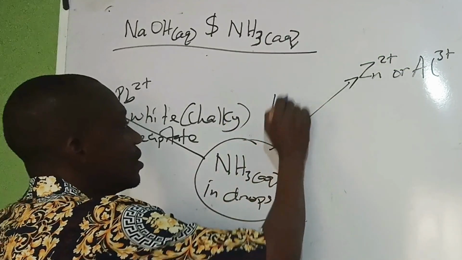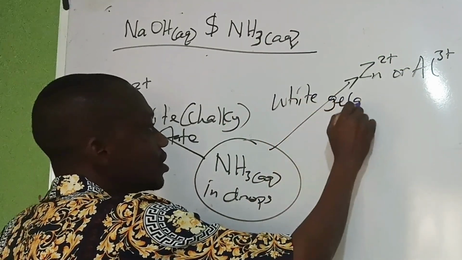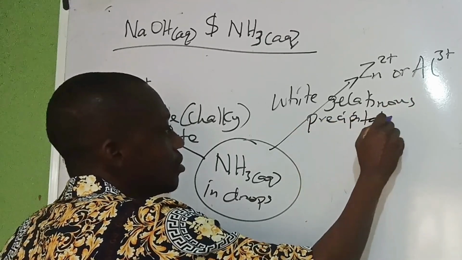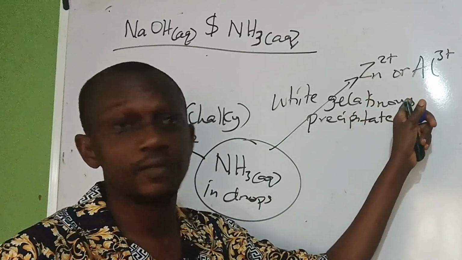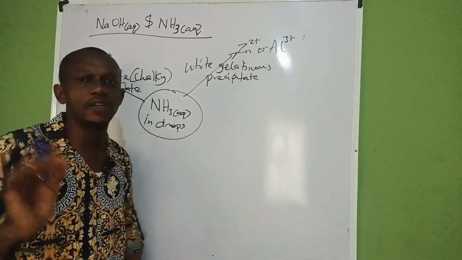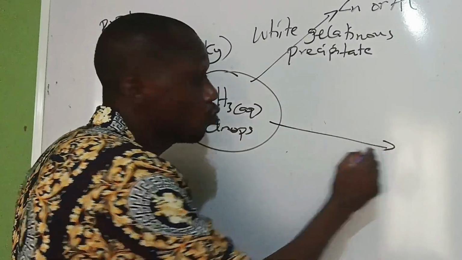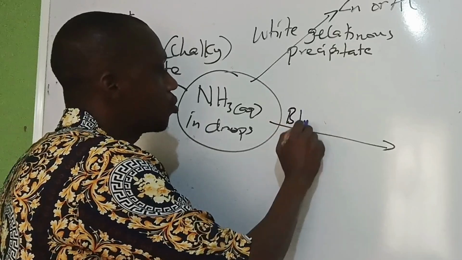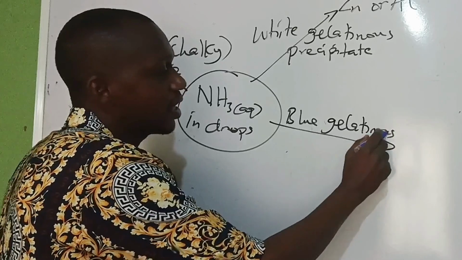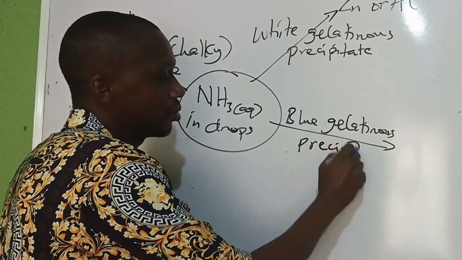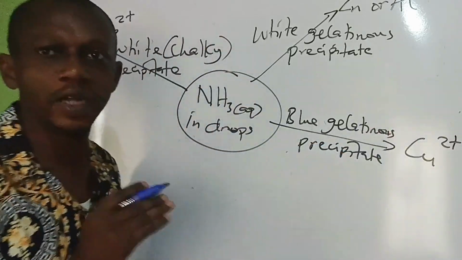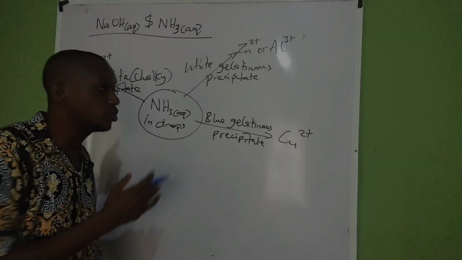When you see a white gelatinous precipitate, you have to infer zinc or aluminium. Every other thing is now the same as with sodium hydroxide. That is, when you observe blue gelatinous, that is jelly-like precipitate, you have to infer copper, Cu2+, copper 2 ion. It is the one that always gives us a blue gelatinous precipitate.